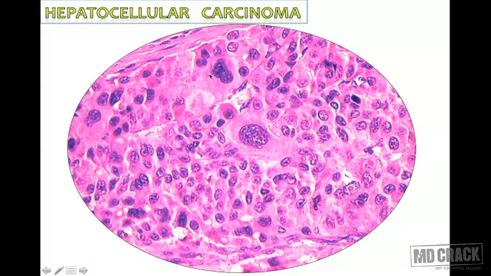So these are all hepatocytes as such, but they are highly pleomorphic, with very prominent nucleoli. Normally also prominent nucleoli will be there, but here they are very striking macronucleoli, sometimes macroeosinophilic nucleoli. Sometimes bizarre appearing tumor giant cells are here. So all these features suggest that it is a highly undifferentiated or anaplastic tumor. Sometimes high mitotic activity is seen. So these features suggest that it is a hepatocellular carcinoma.